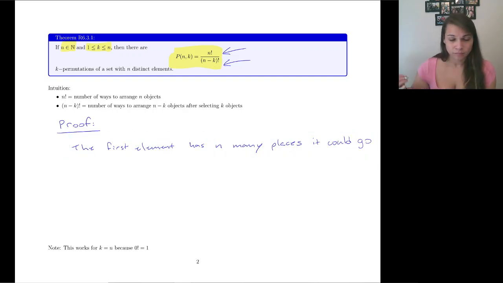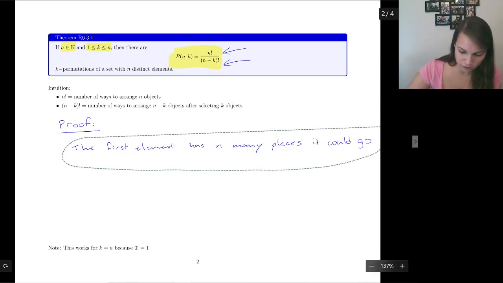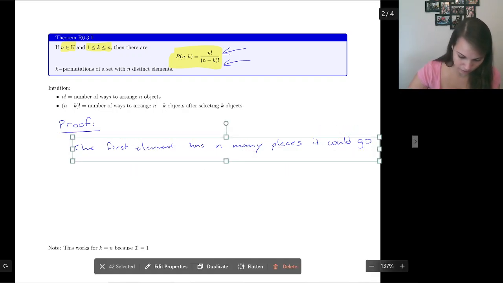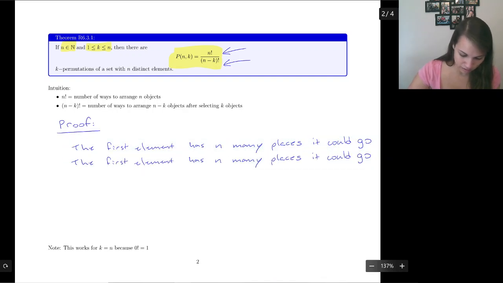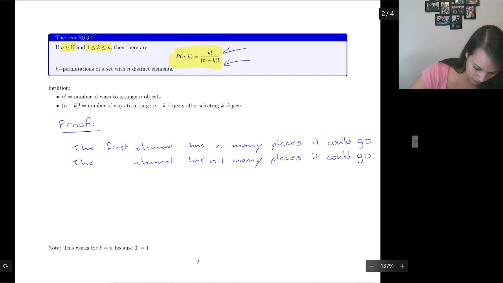And then after we pick where that first element goes, now we're on to the second element. And the second element is going to have n minus 1 many places it can go.